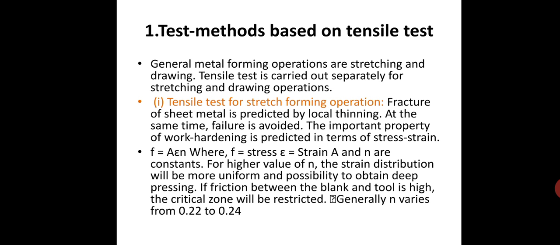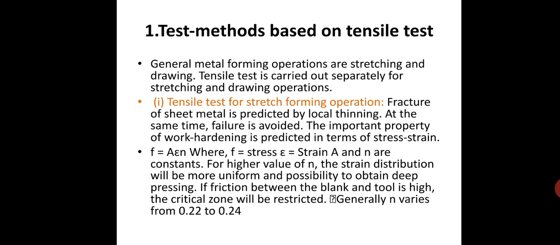The mean value of radius rm is equal to 1 by 4 times the sum of the radius at 0 degree plus twice the radius at 45 degree plus the radius at 90 degree.